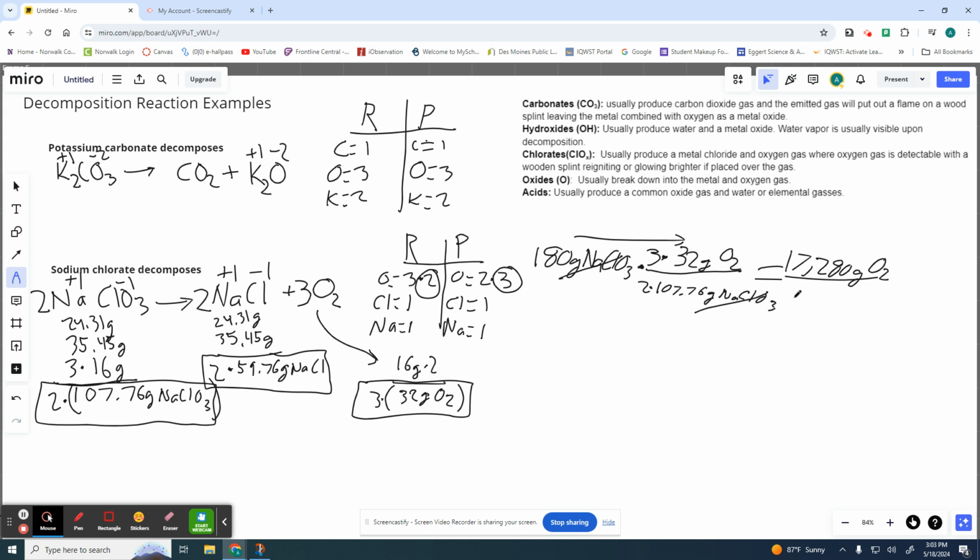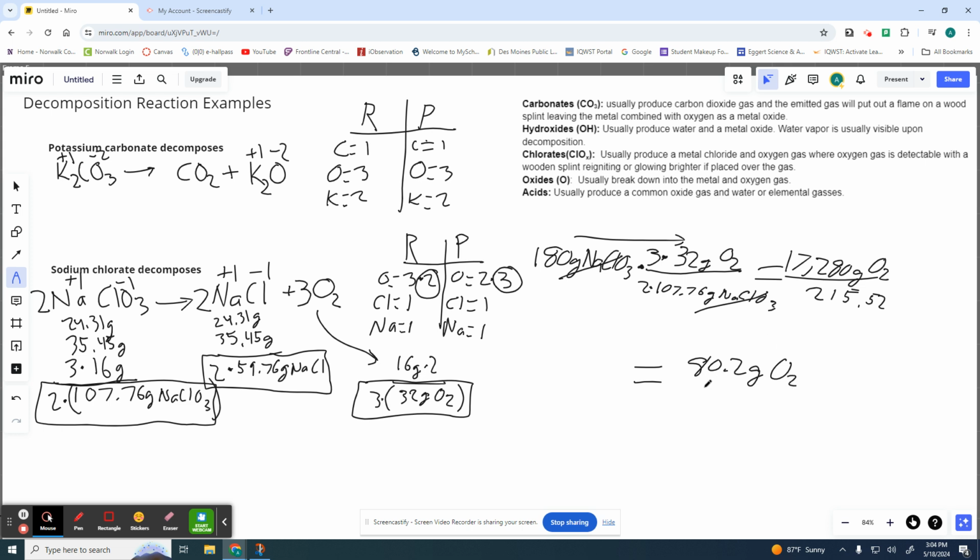Bring over the 2 times 107.76, and that should be approximately 215.52. And again, no units on the denominator because we just canceled them out. And now if you simplify this, you should have approximately 80.2 grams of oxygen produced, as long as my calculations are correct.